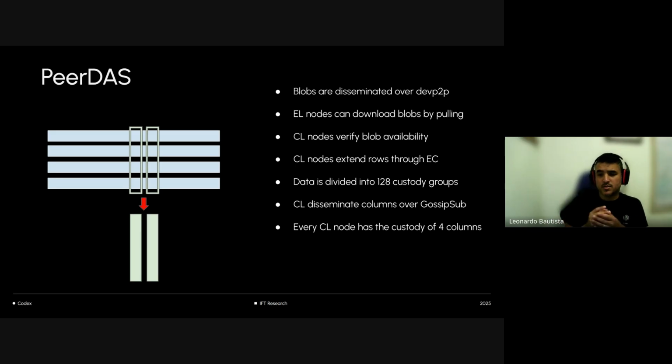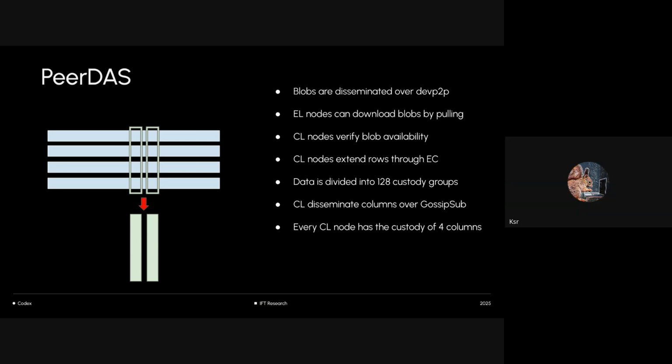There is one that is push: I get this column, I verify that it is correct, and then I push it over my Gossip Sub topic, and that is just push-based, so you receive it from your peers and everything is fine. But there is also a request-response, which is a pull-based way, in which if a specific node is not providing you the data that you want, then you can downscore it.